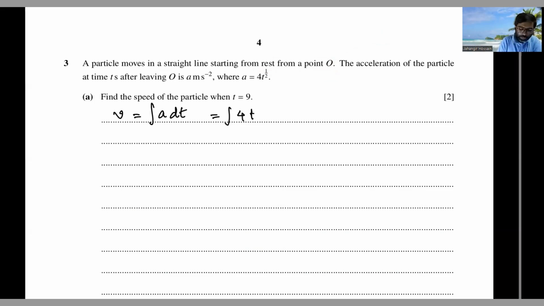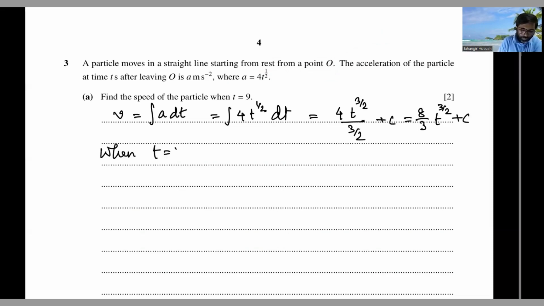So for 4 t to the power half, integrating with respect to t, we have 4 t to the power 3 by 2 divided by 3 by 2, plus c, that is 8 by 3 t to the power 3 by 2 plus c. Now, when t is 0, v is 0, so we have 0 equal to c. So v equals 8 by 3 t to the power 3 by 2 plus 0.